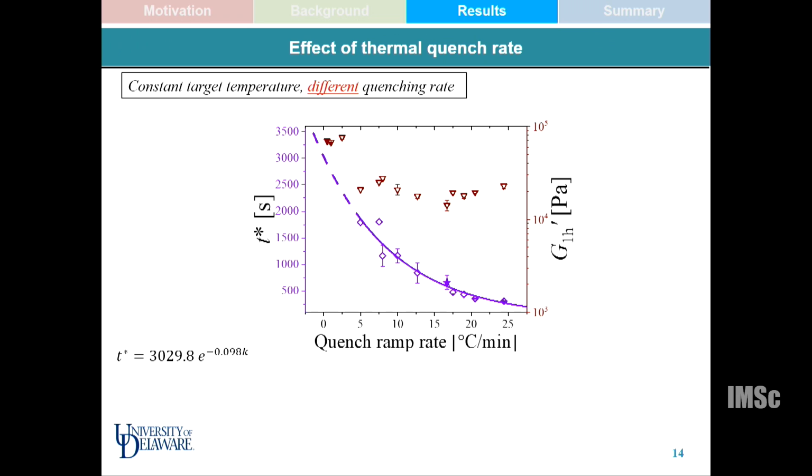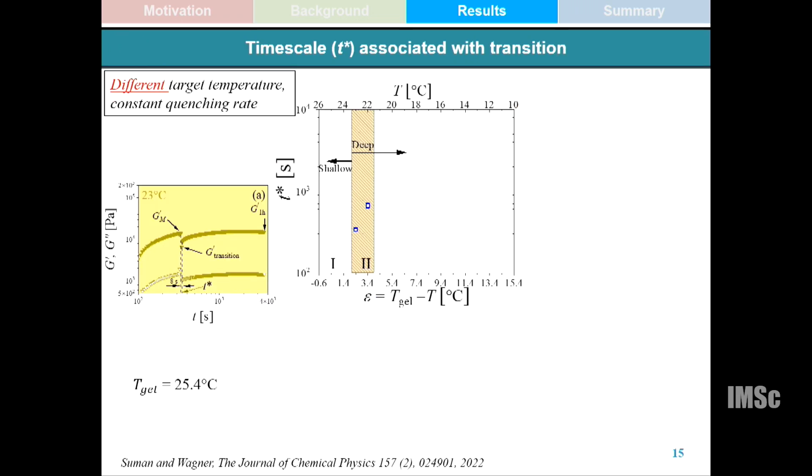But at higher quenching ramp rates, the system undergoes this transition, and therefore the G prime value is low. So using this graph, we can differentiate the system into two regions: one where it undergoes the transition, and the second where it doesn't. After this, we keep the ramp rate constant and change the temperature at which we do the experiments.